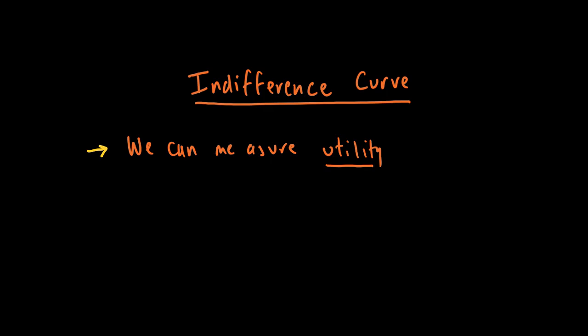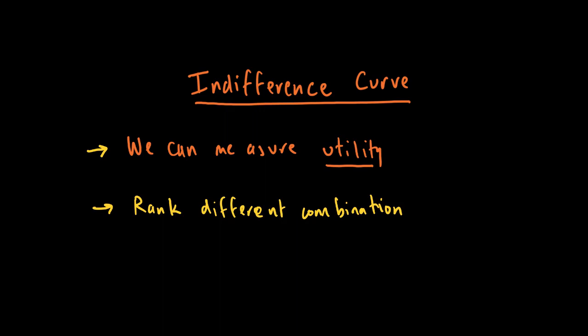Indifference curve is based on the principle that we cannot measure utility, but we can definitely rank different combinations. So, for example, if you ask me, do I like apples more than oranges? My answer will be yes. And if you ask me by how much, my answer will be I don't know.